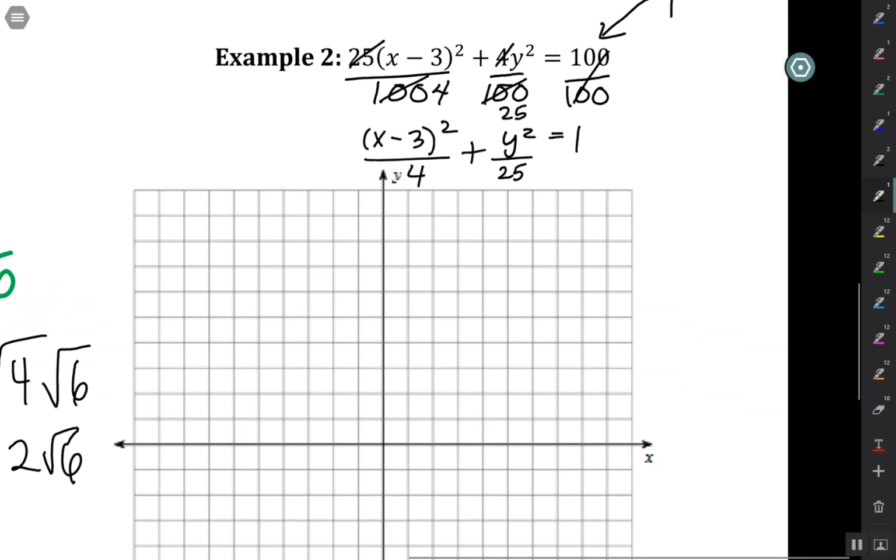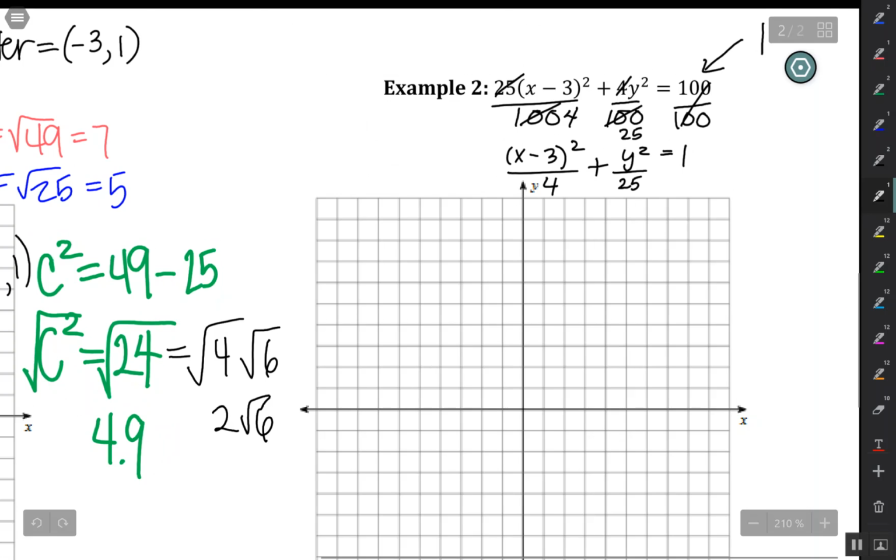So let's find the center, let's find A, let's find B, let's find C, all that. So my center, HK, is 3, 0. So it's over here. A is the square root of 4, which is 2. So I'm going to go left and right 2.